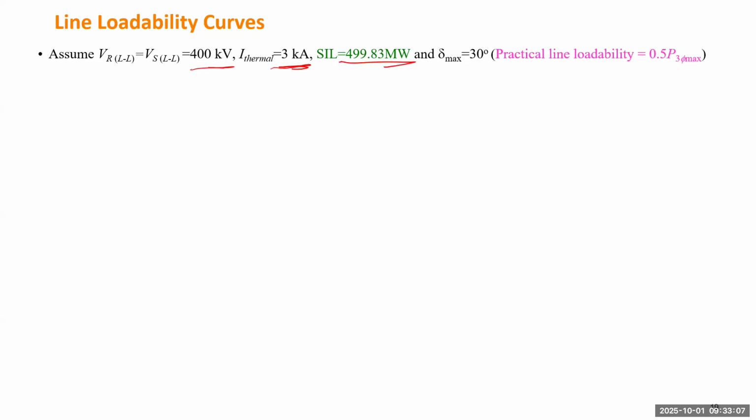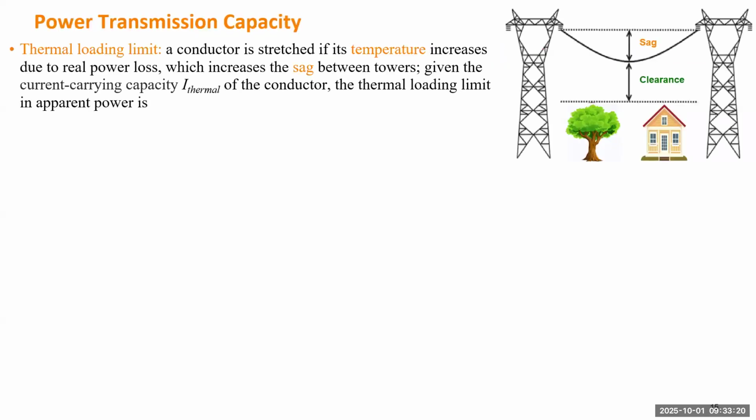And you know, the theoretical limit is very high, because it assumes the angle can reach 90 degrees, which never happens. Let's go back to this formula about the theoretical limit.